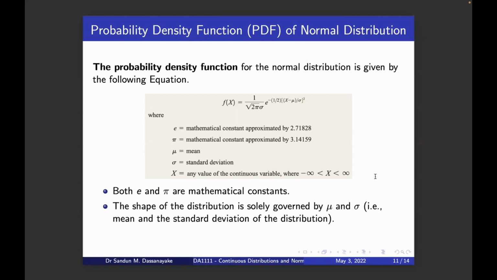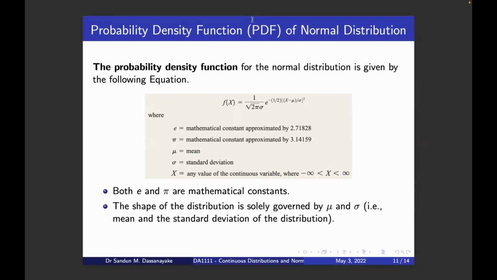So any value of the continuous variable from negative infinity to positive infinity, these are open bounded functions. I think this is the first semester and you haven't learned about these mathematical bounds, I guess. When you do the integration, you have certain boundaries where the function is defined. So these are open bounded functions where it goes from negative infinity to positive infinity.